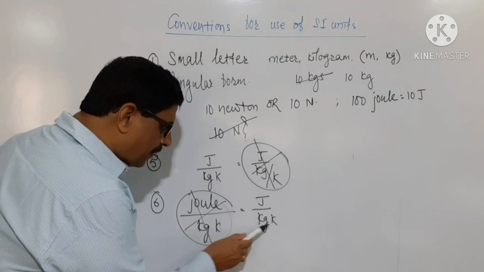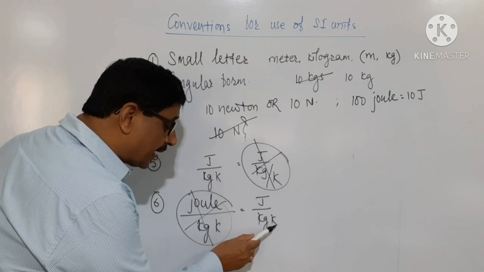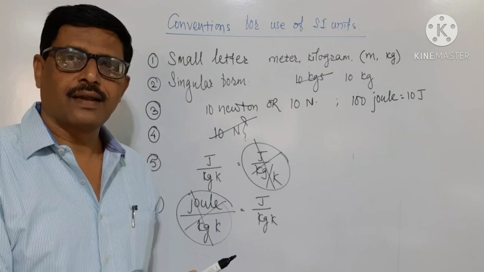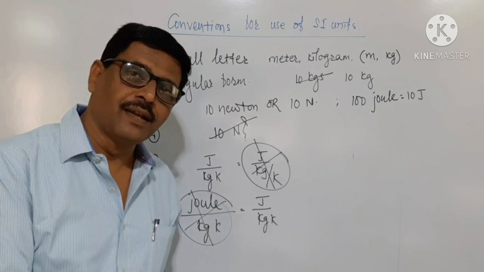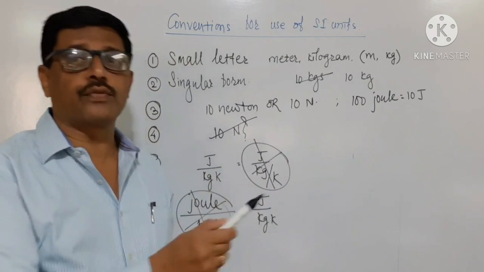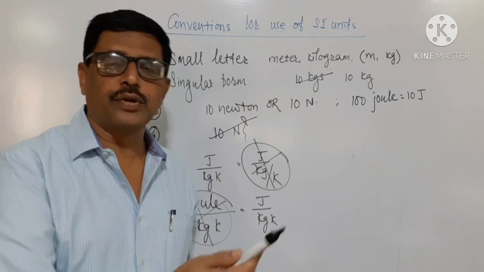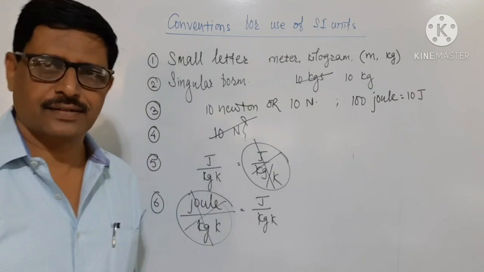Kilogram and Kelvin are symbols. Then in the numerator, the unit of work should be in the form of symbol only. Sometimes symbol and sometimes full unit, it is not correct.